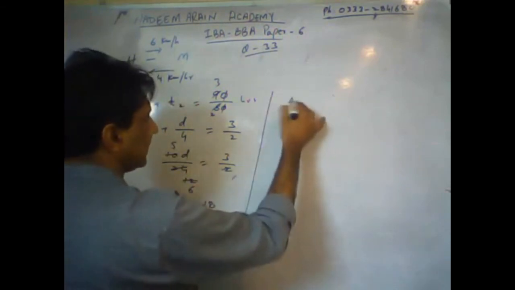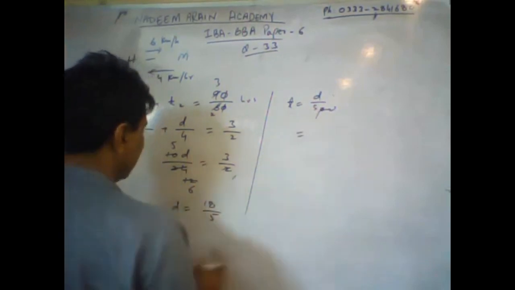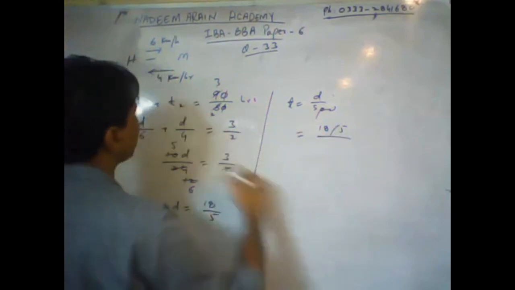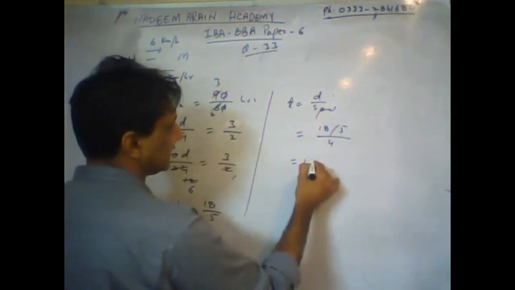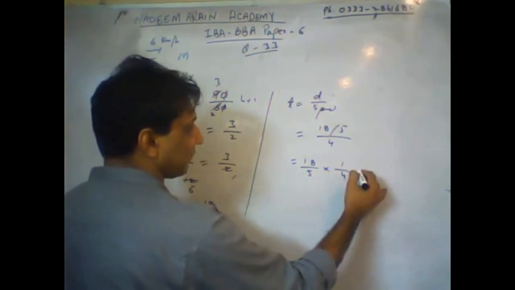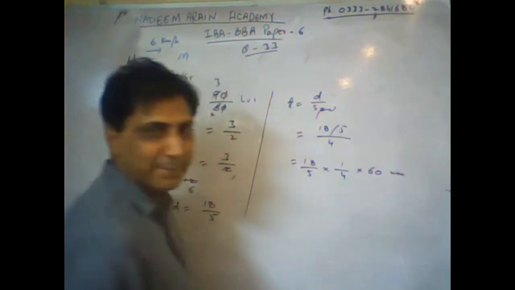So the time is equal to distance over speed. The distance was 18 over 5 and the speed was 4. So this is 18 over 5 times 1 over 4. And of course multiply by 60, because this will be converted into minutes.